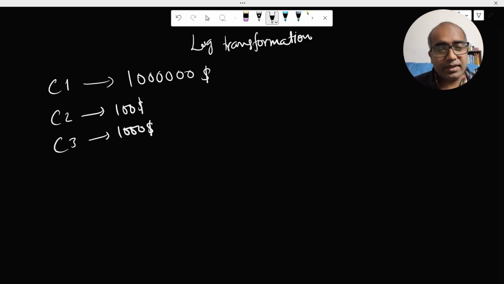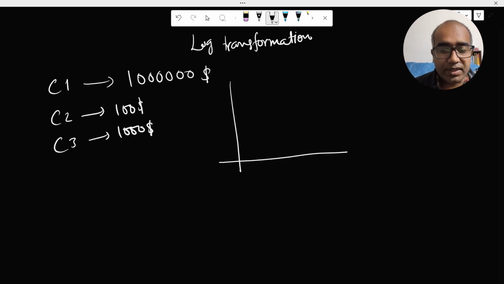This is the data that we pass to the machine learning model so that it can learn some pattern. Suppose you are drawing this data on a graph, with the sales on the y-axis and the cities on the x-axis.